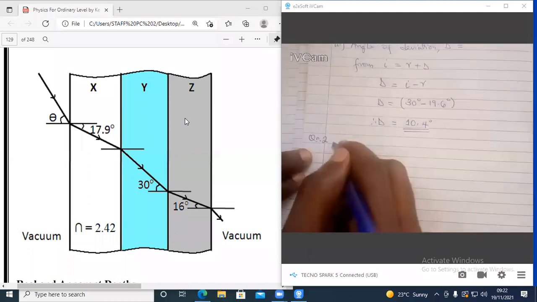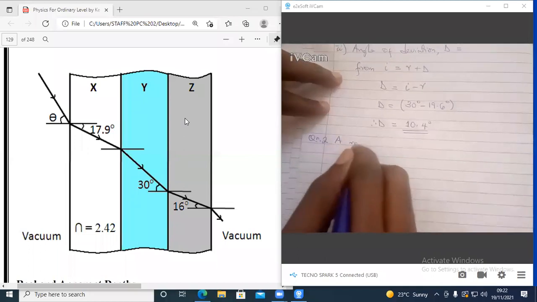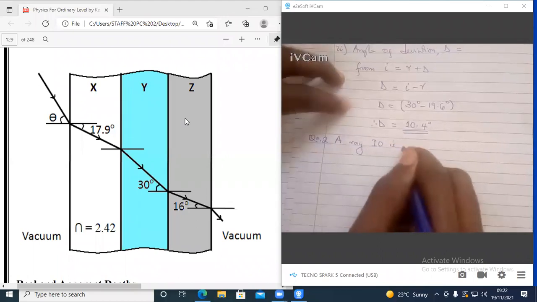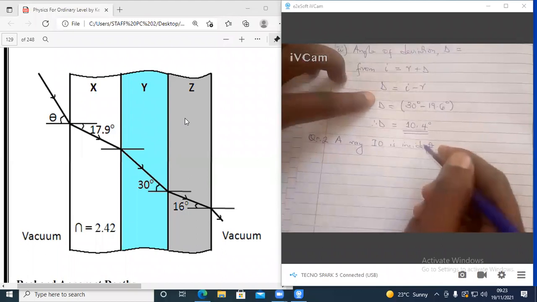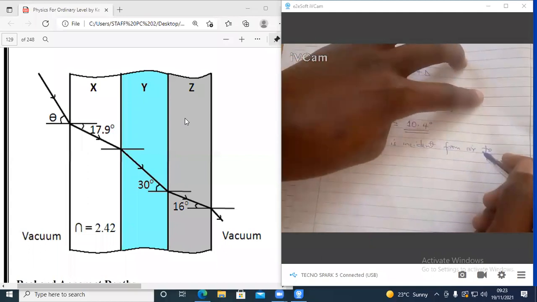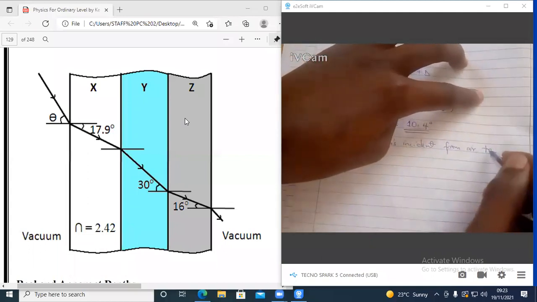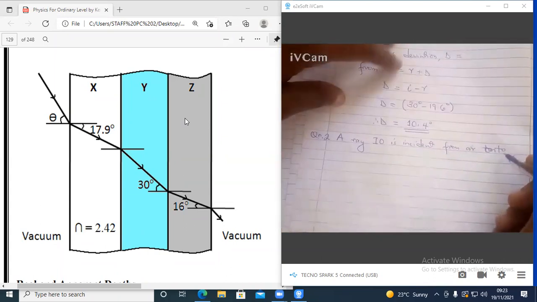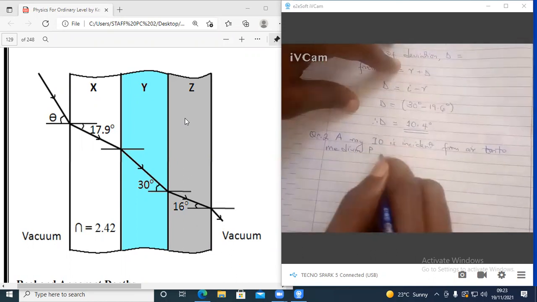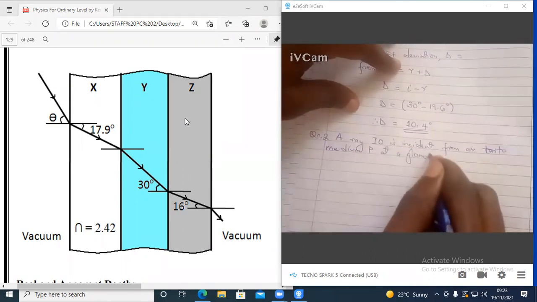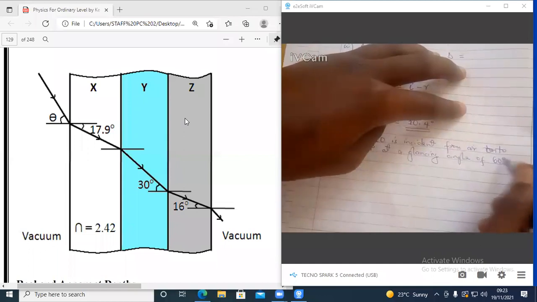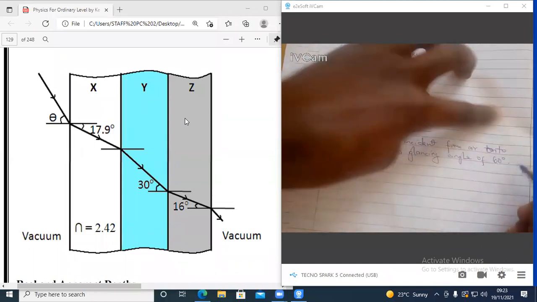So this question is saying a ray IO is incident from air onto medium P at a glancing angle of 60 degrees, full stop.